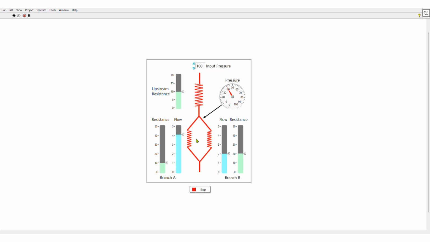But this vasodilatory signal may spread upwards towards the upstream resistance and cause it to decrease, and if it does decrease enough to restore the pressure to what it was, then the flow in branch B is where it should be without having to change its resistance. But the flow in branch A now is too high, which means that we didn't have to reduce the resistance as much. Both of these interactions are going to occur in the cerebrovasculature.